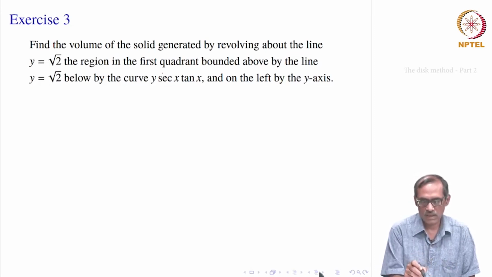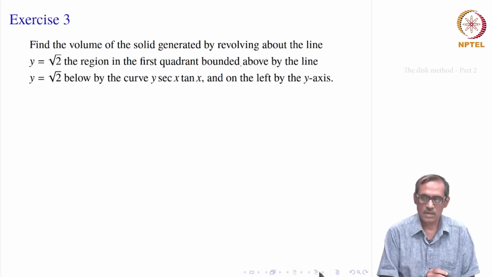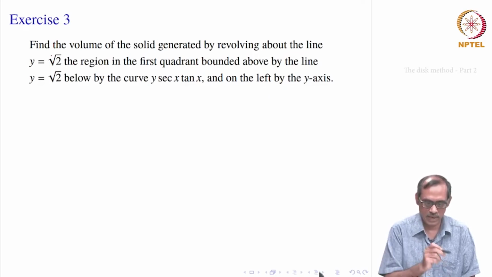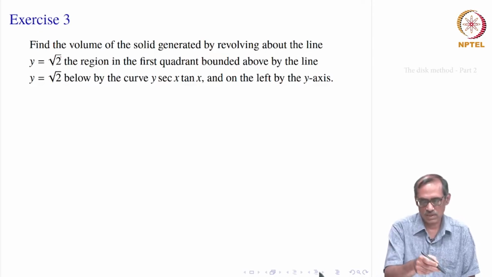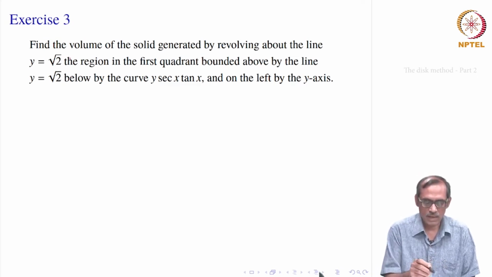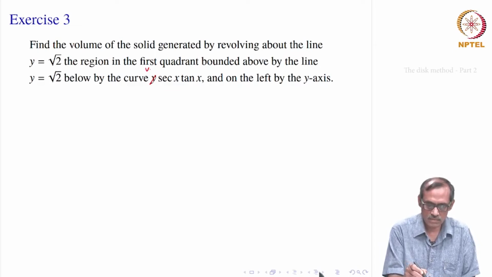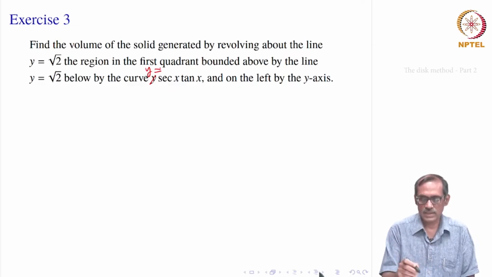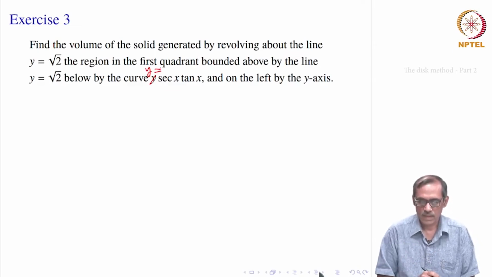The region in the first quadrant, bounded above by the line y equal to root 2, that same line. So, the axis of revolution is really one of the boundaries. Below it is bounded by the curve y equal to secant x into tan x, and on the left by the y axis.